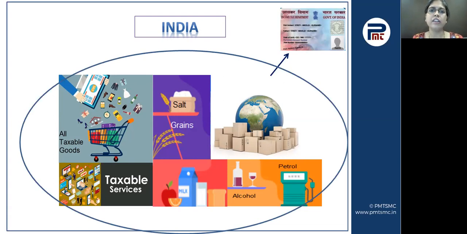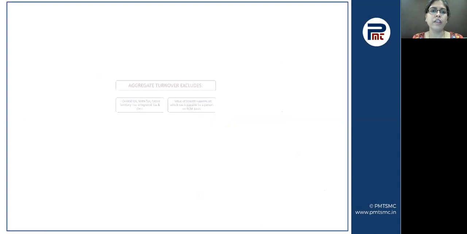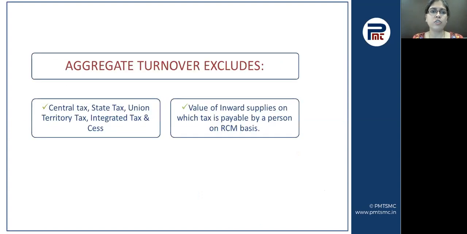Now let's quickly run through what it excludes. As we have seen earlier, it excludes only two things. That is the taxes collected under GST, like central tax, state tax, union territory tax, integrated tax and cess. And it also excludes the value of inward supplies on which tax is payable by a person on RCM basis. Now why is this excluded?